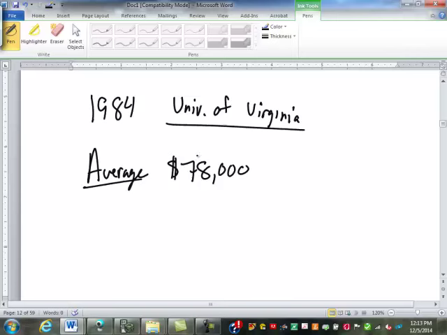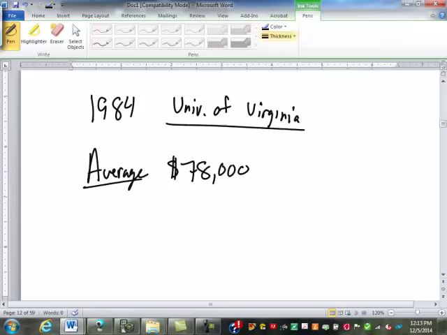Now that's pretty good money for starting salary. That's really good money for starting salary right now. Back in 1984, to put it in perspective, your average high school teacher was starting out at around $17,000 a year right out of college. That's really good money for just a 4-year marketing degree.